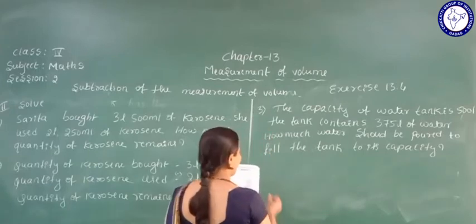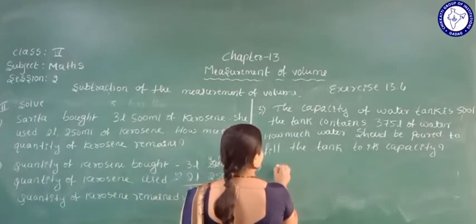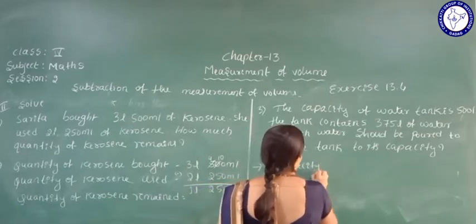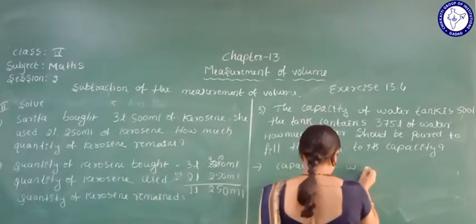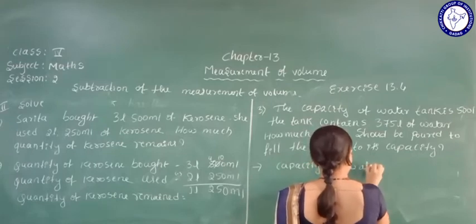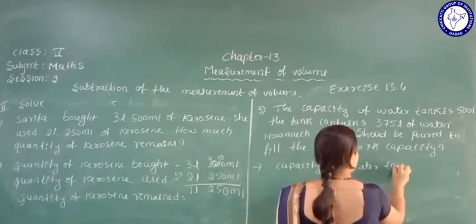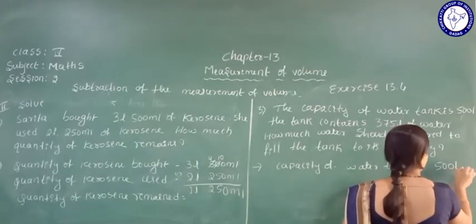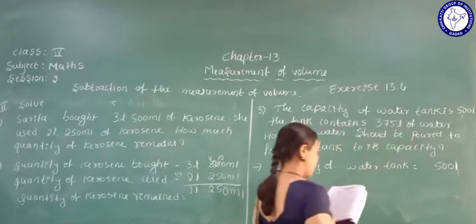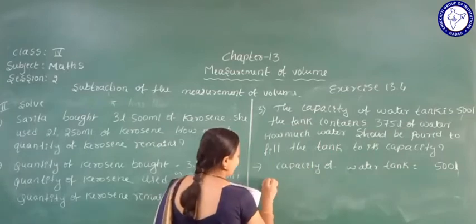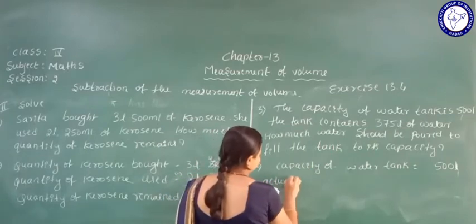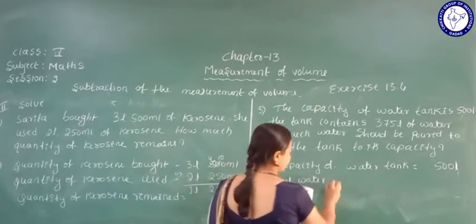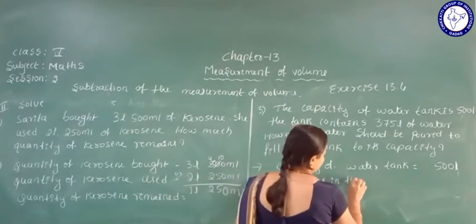So we'll write here, capacity of water tank. The capacity of the water tank is how much? 500 liter. Okay, so actual water contained in the tank, how much is there?